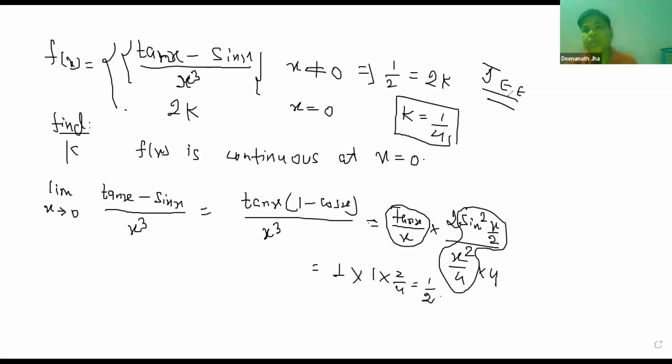Okay, it's completed. Now, it was the introduction of continuity by which we have solved two or more questions. But in the board examination, you have to show it for greater than 0 and less than 0.